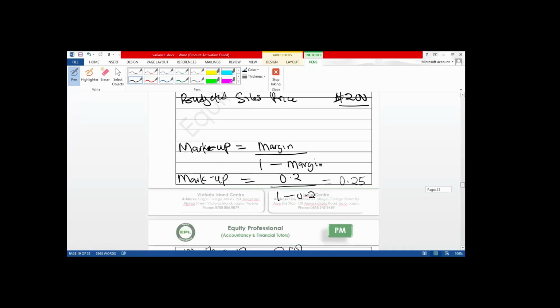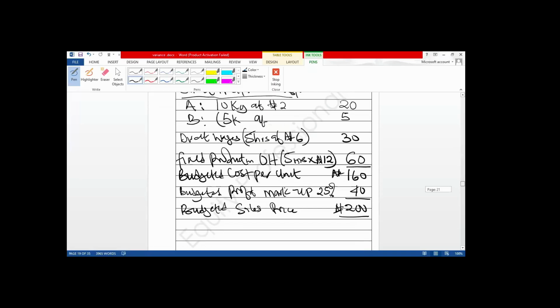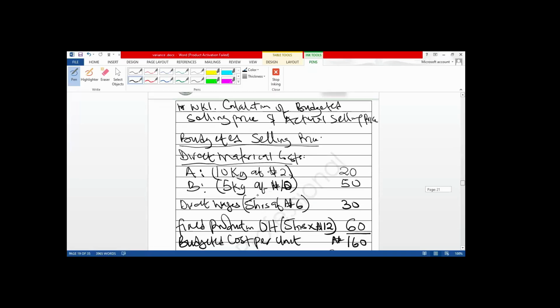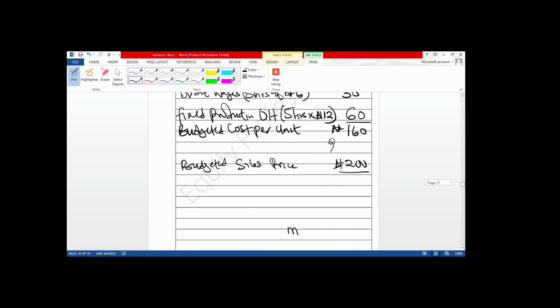Material A, standard material price per kg, 2 naira. Material B, standard material price, 10 naira.